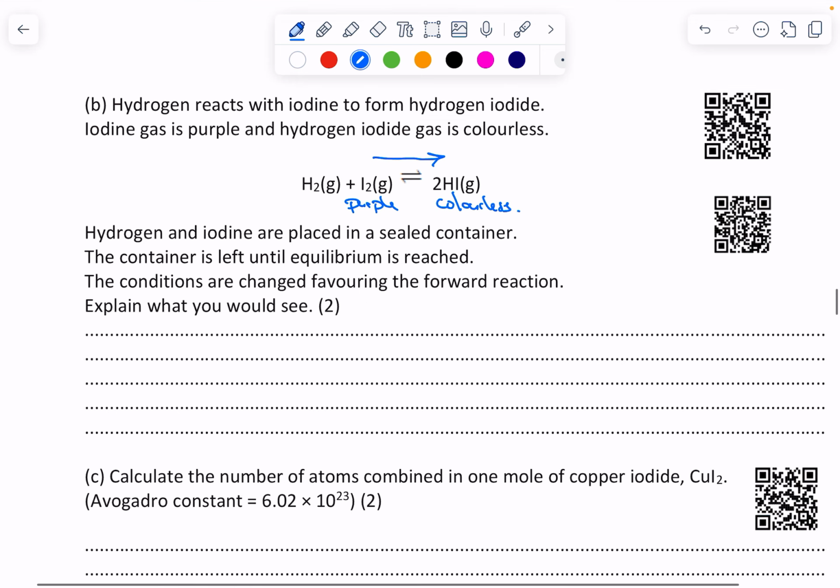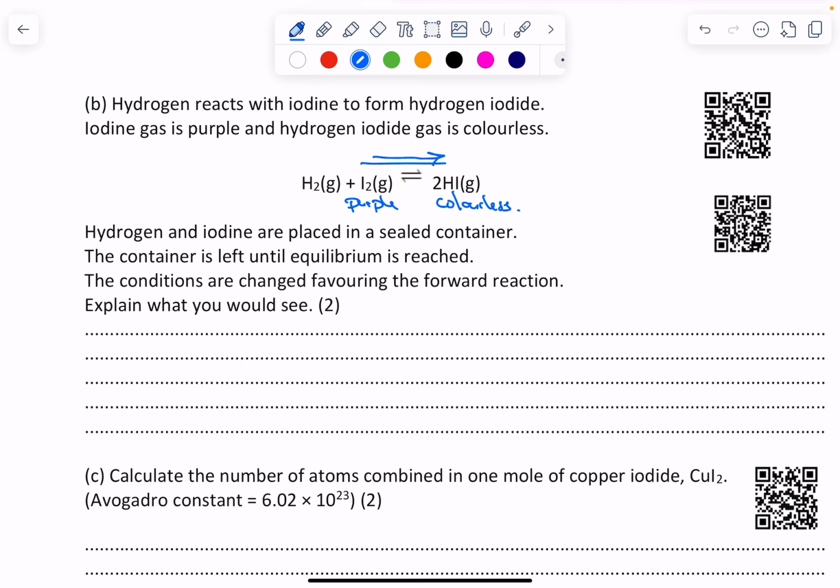Explain what you would see. So if I make the reaction go this direction, my purple chemical, the iodine, is going to react more with the hydrogen, and therefore I'll get more of the colourless hydrogen iodide produced. So my purple colour will start to fade. So that's all I need to say. So I would say that the purple colour will fade.